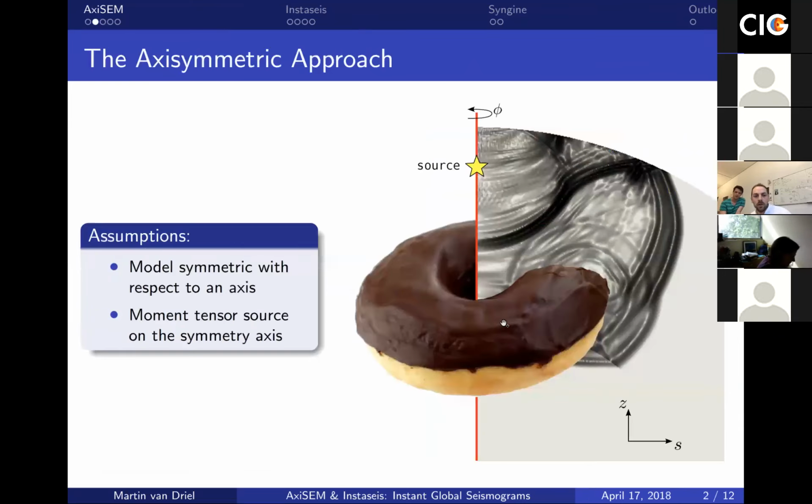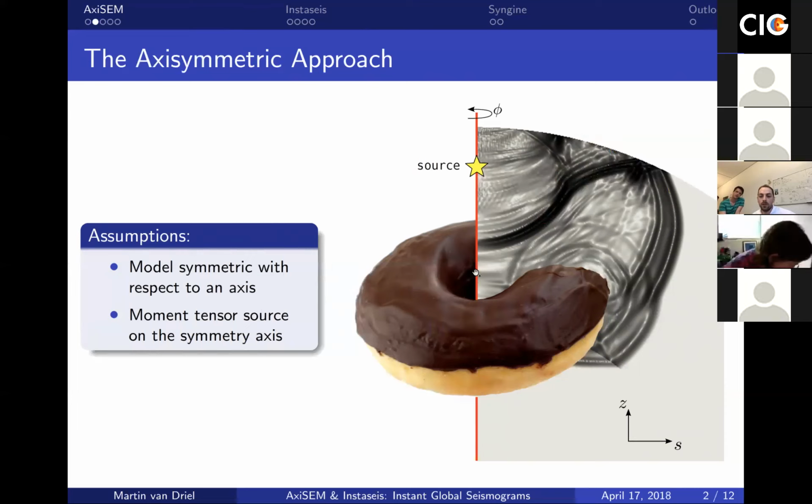To get back to why we are able to go to these high frequencies in contrast to other full 3D methods, it goes back to an idea that Tarje pushed during his PhD, and it's that the model is axisymmetric with respect to an axis that goes through the center of the planet and the source. If you do that, you can then develop the azimuthal dependence of the wave field in terms of a Fourier series that stops at degree 2.